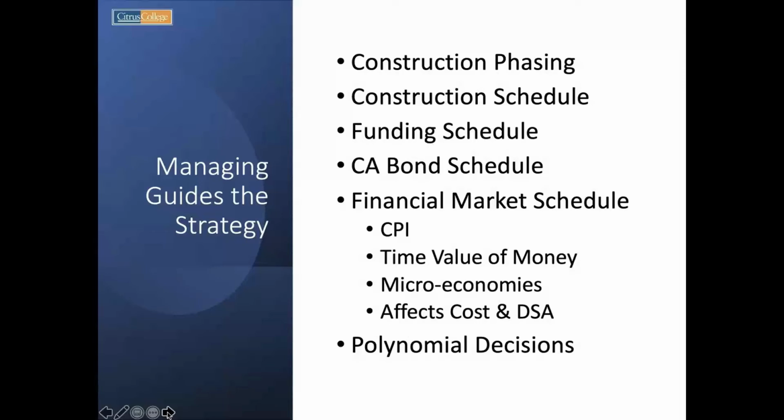And then also, financial markets affect not only the cost, they also affect DSA. The way that it affects DSA is this: if the cost of building a building goes up, DSA doesn't necessarily care about that.